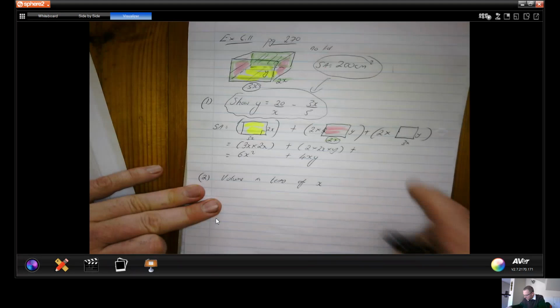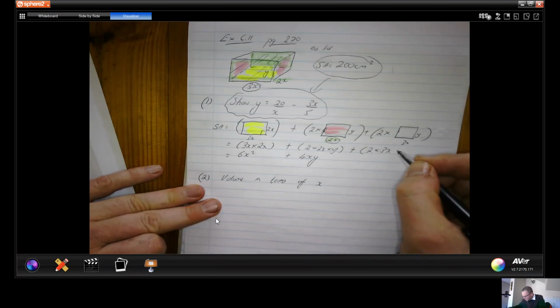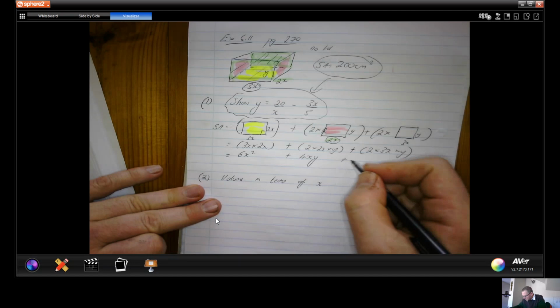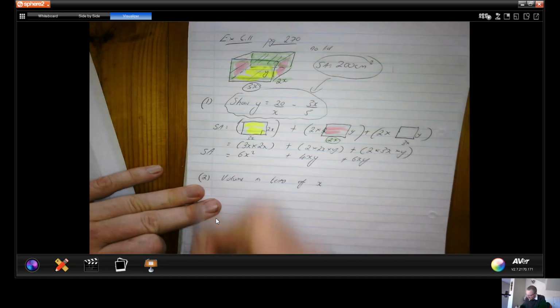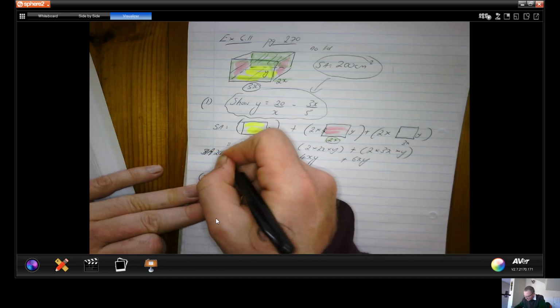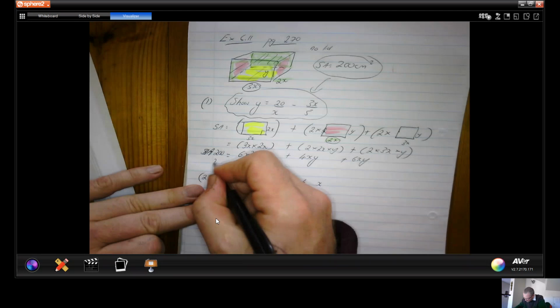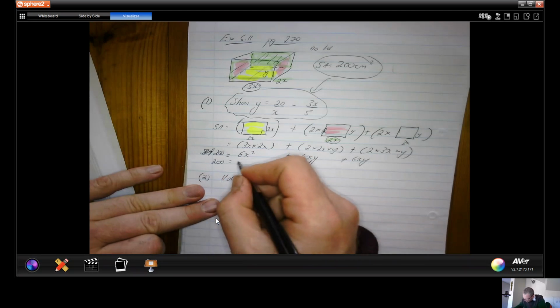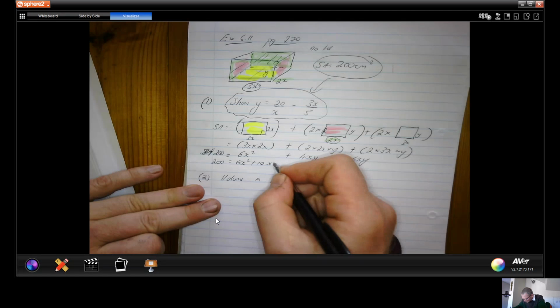So it's 2 times 3x times y, which is plus 6xy. But we know that the surface area is equal to 200. So 200 is equal to 6x squared plus 4xy plus 6xy, so 200 is equal to 6x squared plus 10xy.